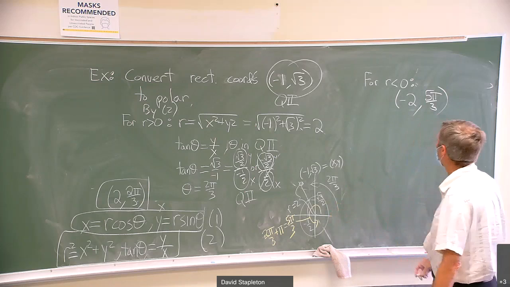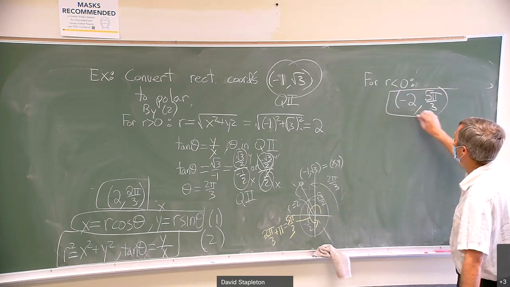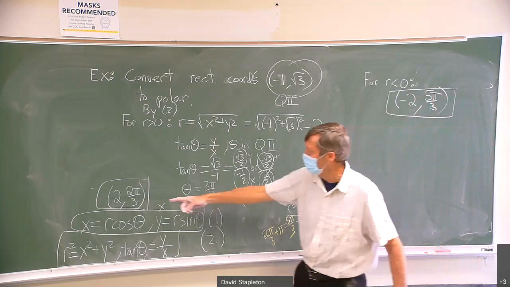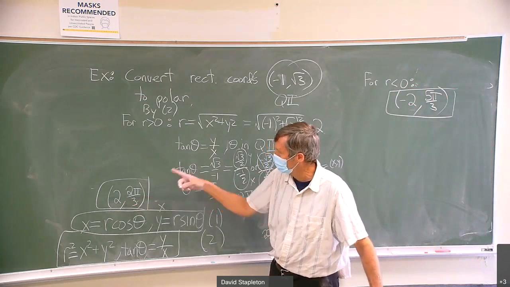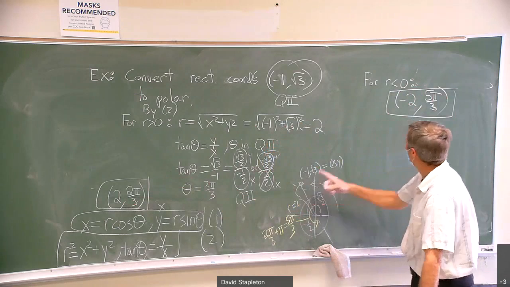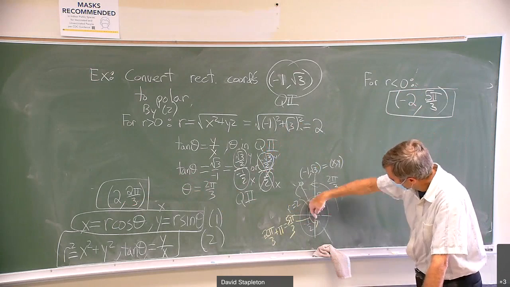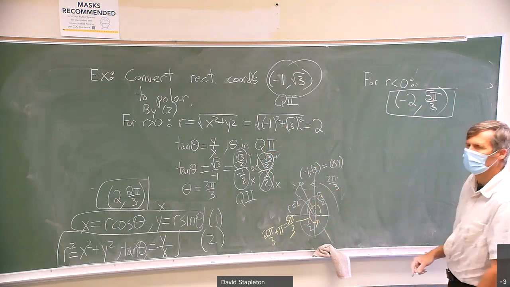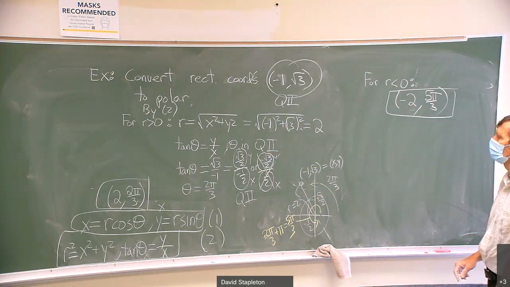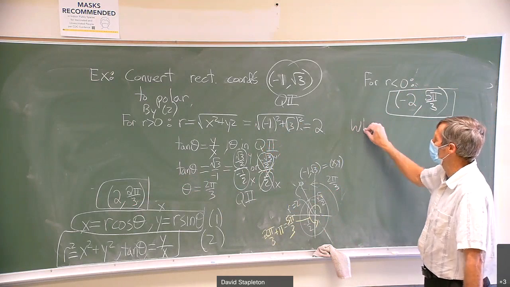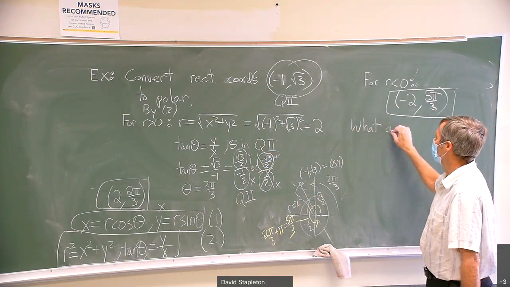That's the same direction. So here are 2 polar coordinates: one with r positive, 2 units out, turning to the angle that goes to the point, 2 pi over 3. One with r negative, you take minus the distance to the point, minus 2 units, and turn to the opposite direction, 5 pi over 3. Okay? Now I'll ask you a tricky question. What are all polar coordinates? These are 2, one with r positive and one with r negative.